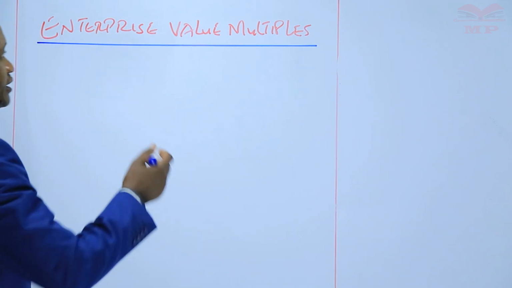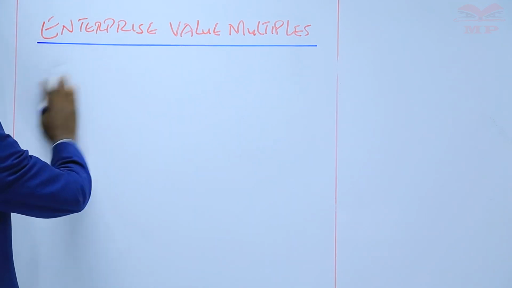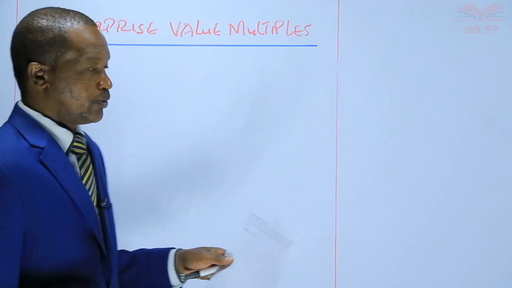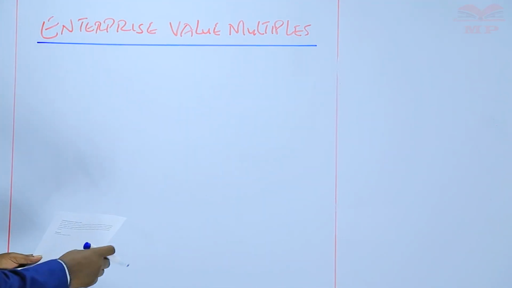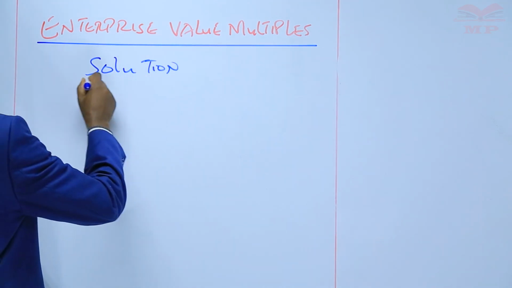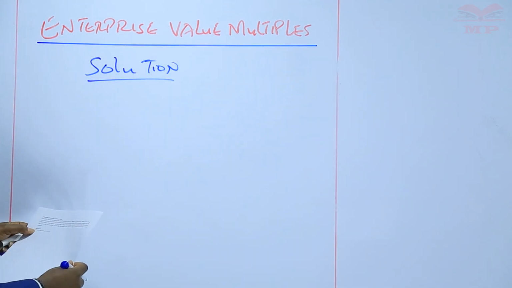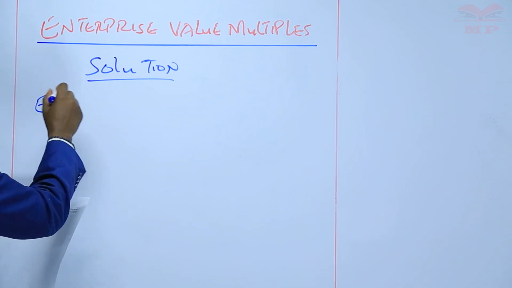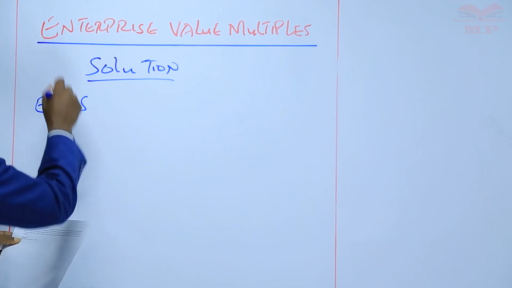Here is the answer to that question. If you don't have this question, you can download it from our website. This is the solution. We are to calculate the enterprise value to sales.